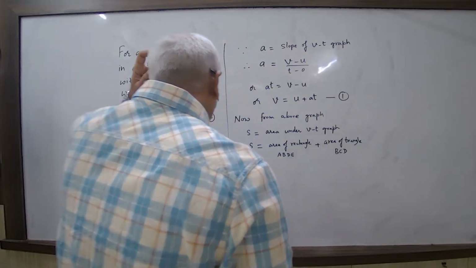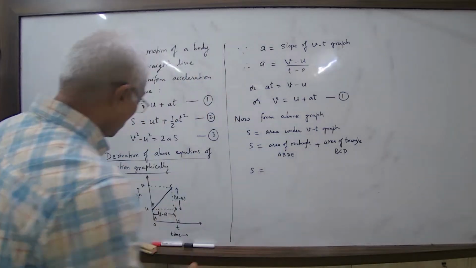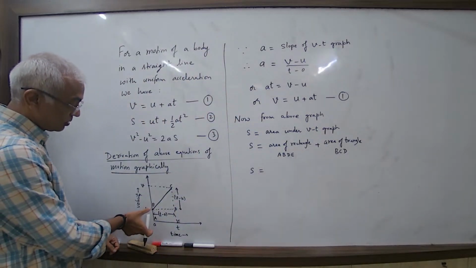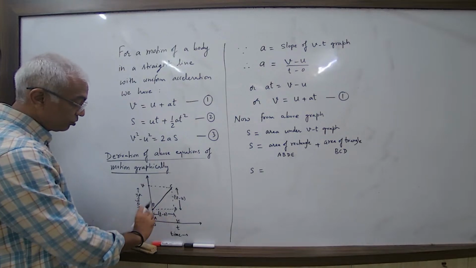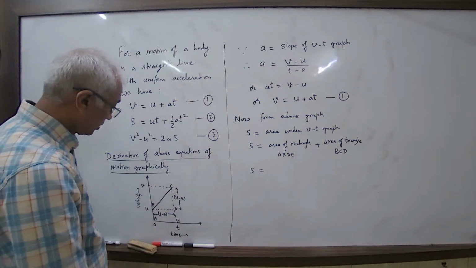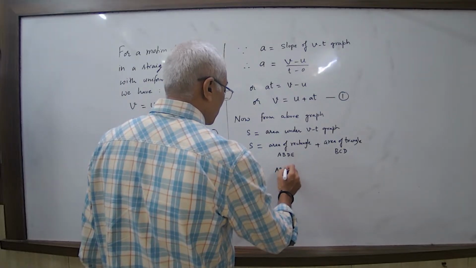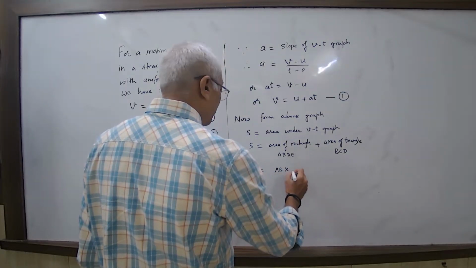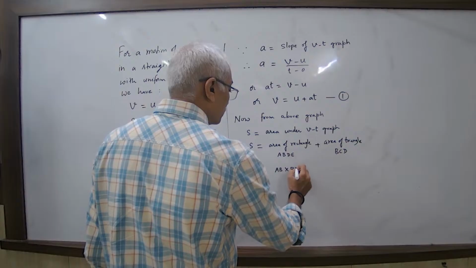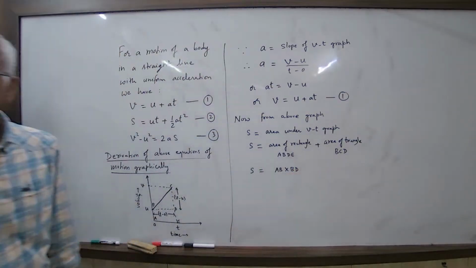What is the area of the rectangle? Length into breadth, so you can take AB into BD. Okay, length into breadth, AB into BD.